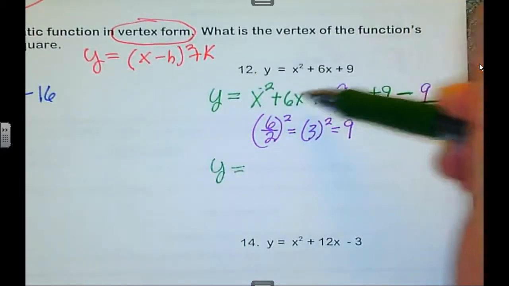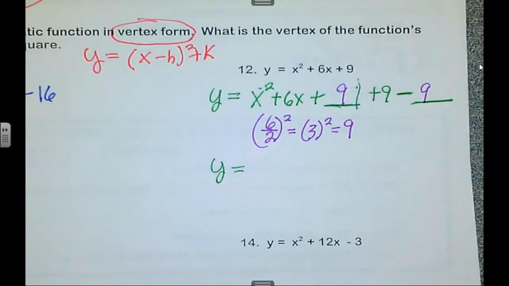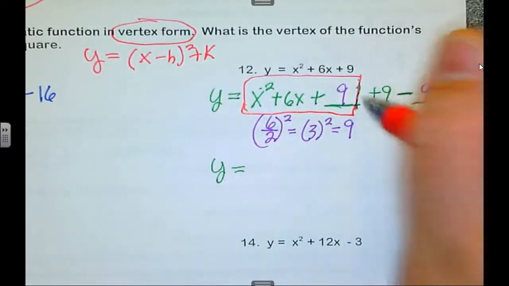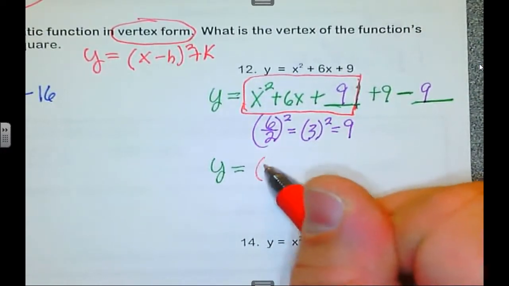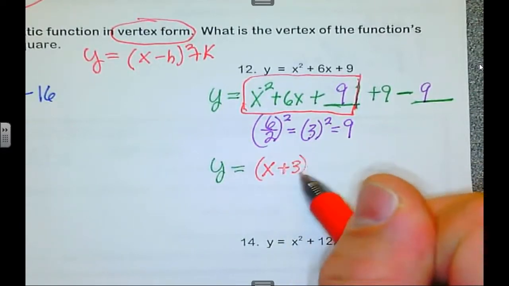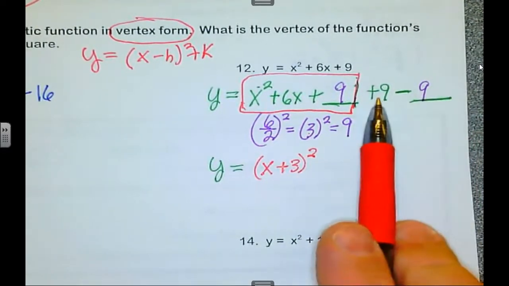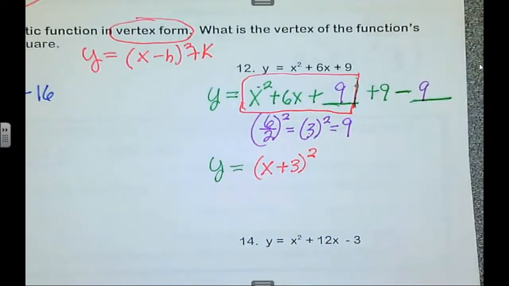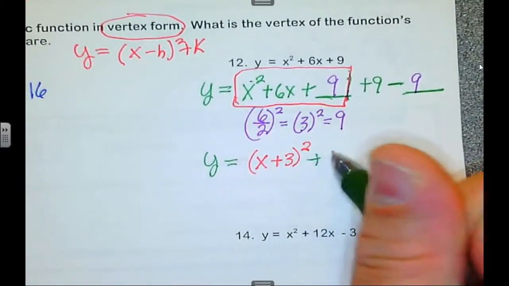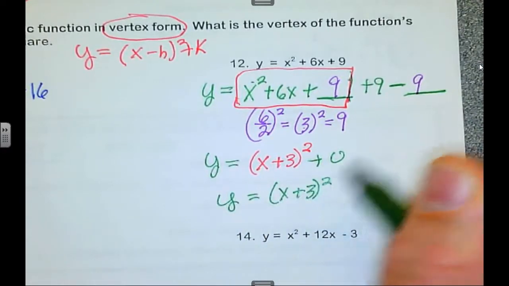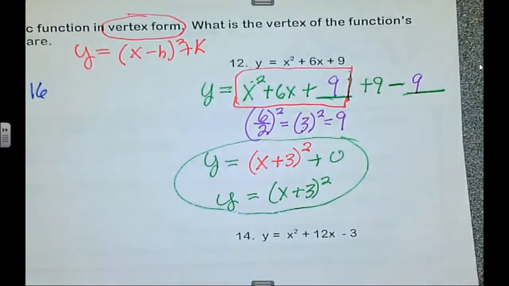This is my perfect squared trinomial, right here. I have a +3 here as my base, squared. Now, 9 minus 9 is what? If you want to put a 0 there, by all means, you can. You don't have to. You could just leave it as y equals x plus 3 squared. Either way, I don't care.